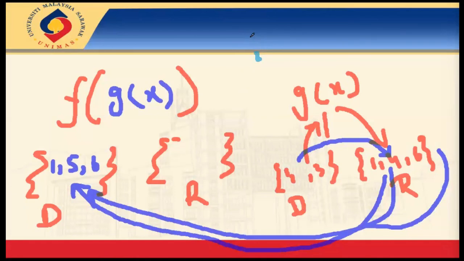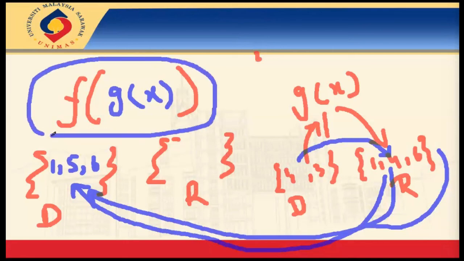Maybe it is a bit complicated, but the point is that our main target is to find the domain of the complete composite function. So finding the domain of a composite function means that we will find the domain of f, this one.